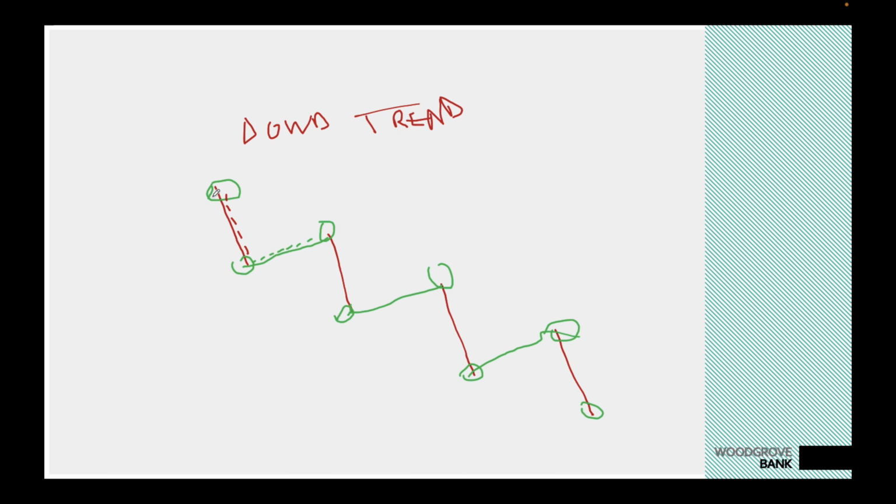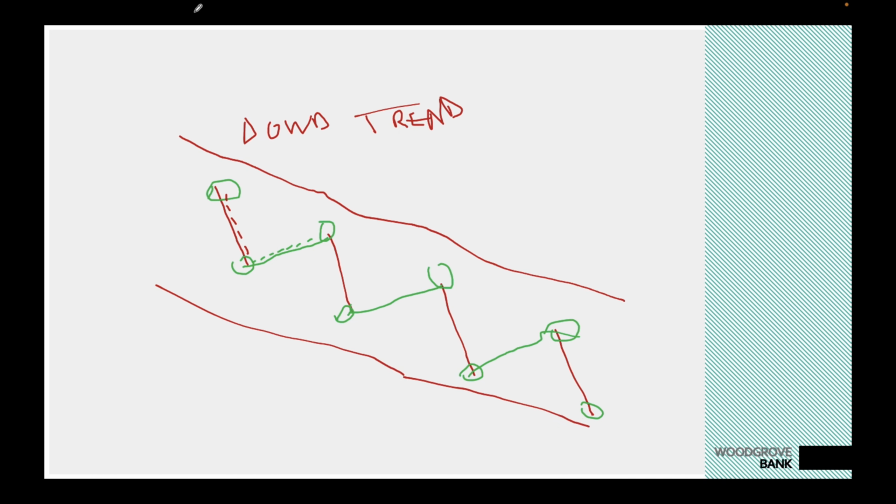In a trend, if you have a previous resistance and support, you need to cross-check where history lies. If this is a previous resistance, let me draw the line. This is our resistance.